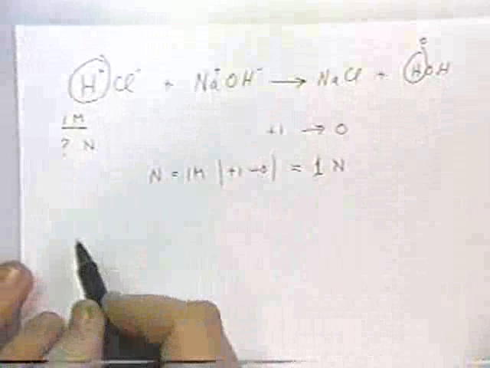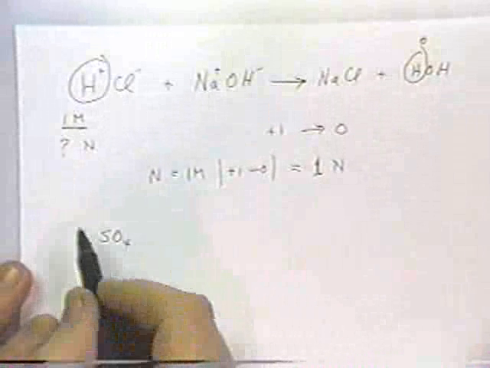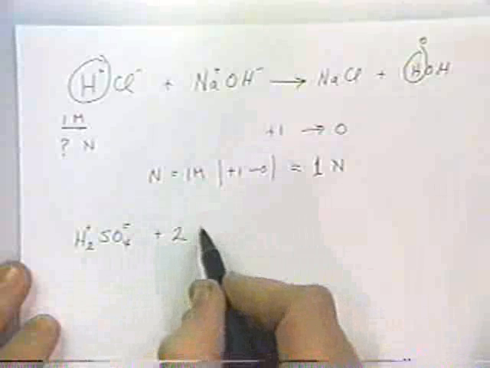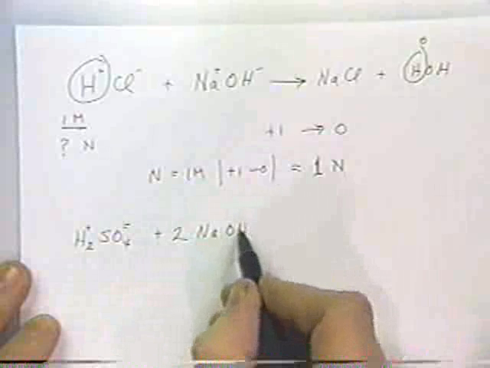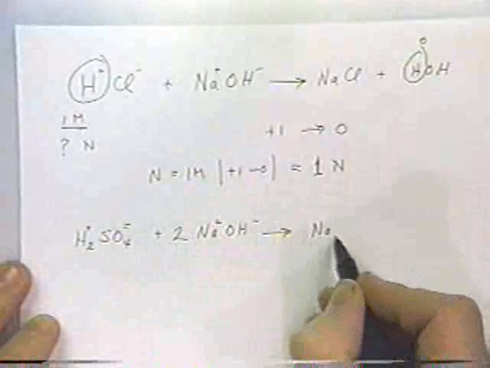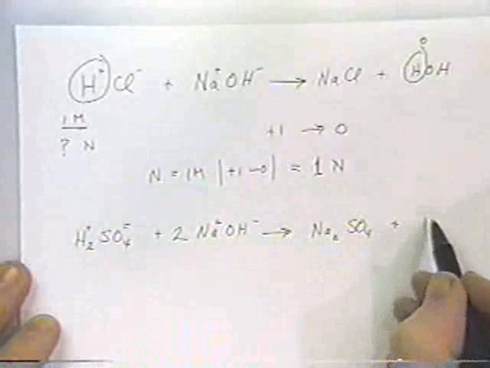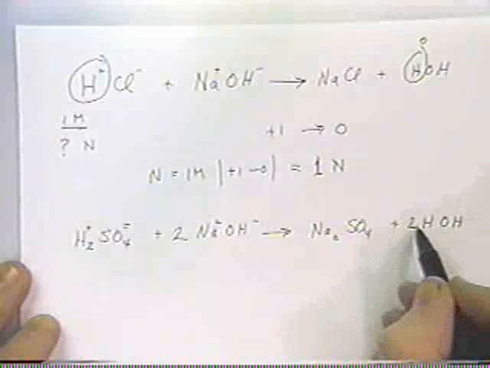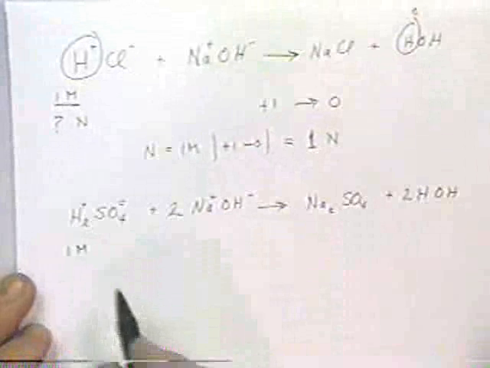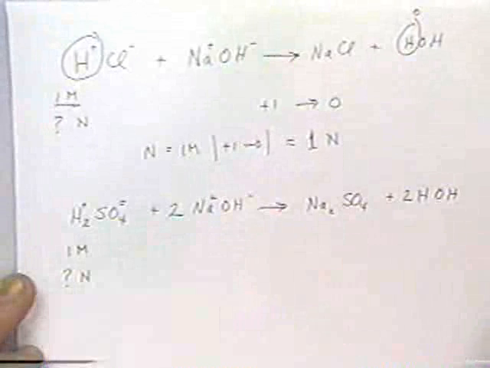Now let's take a look at another example. In this case, sulfuric acid, and we're going to react 2 sodium hydroxides with that to form sodium sulfate. Again, I'm going to start with a 1 molar solution of the sulfuric acid, and the question is, what's the normality?